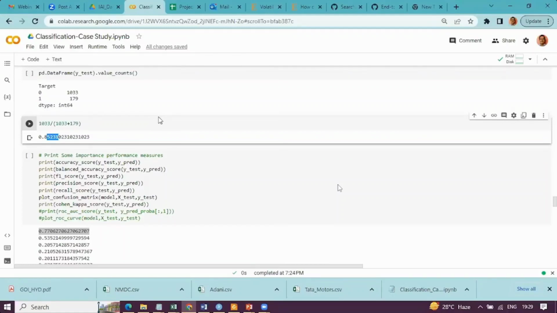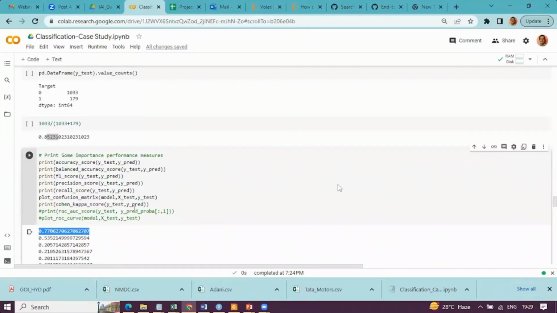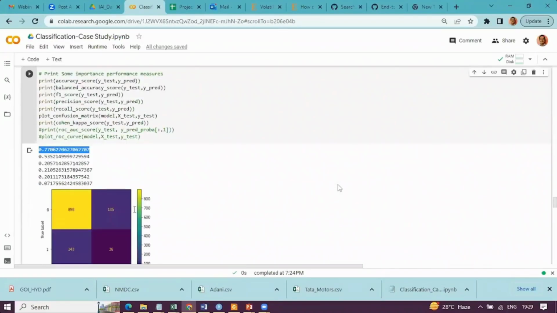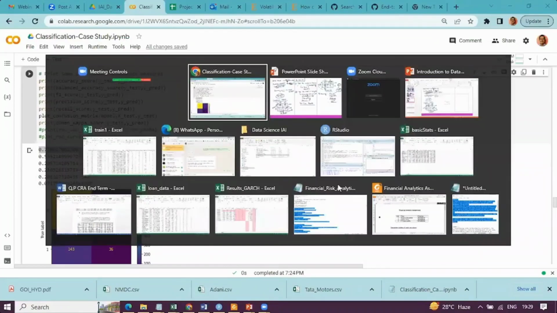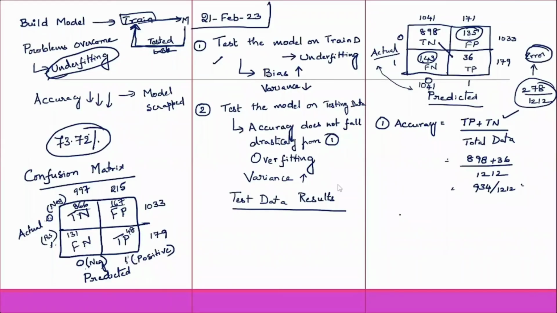Why do I really need to spend my time on a model which is going to give me an accuracy of 77%? So obviously this model can very well be scrapped, but we are trying to understand how we can measure. Okay, this is one measure. Then the second measure that I am going to bring in here is called recall, or typically called sensitivity.